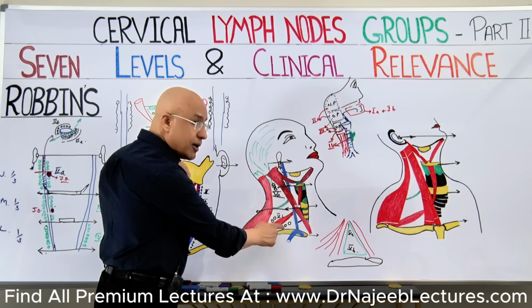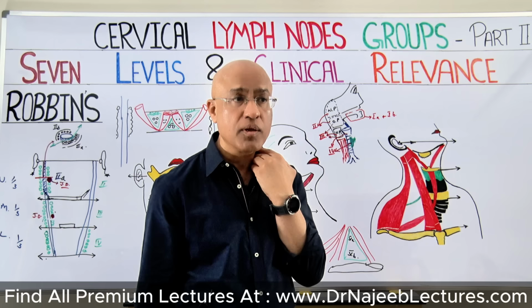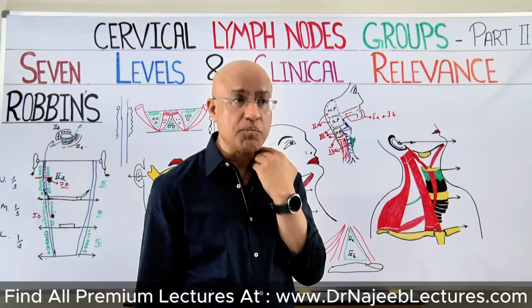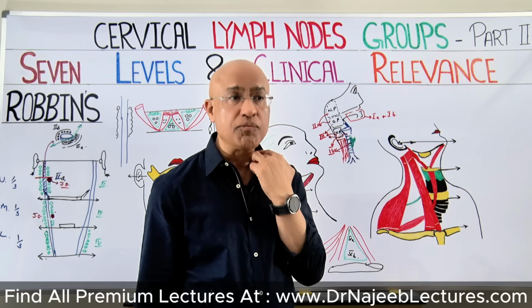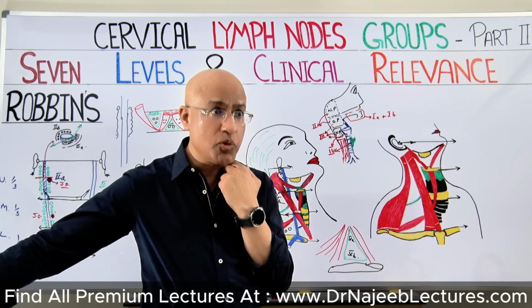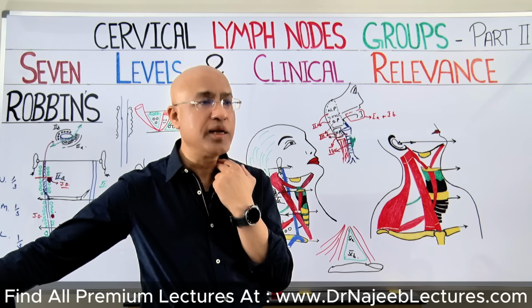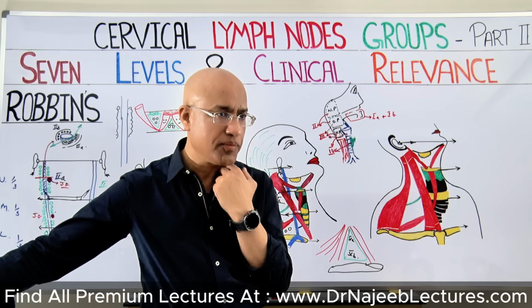Whenever you are doing a general physical examination of a patient, please put your soft, beautiful fingers here and try to palpate if there is any lymph node enlarged here. Especially, there is a very special type of lymph node here which is called the virchow lymph node, right? That lymph node, if it is enlarged, non-tender, firm to hard and fixed, it has very bad news for your patient. Again I will repeat.